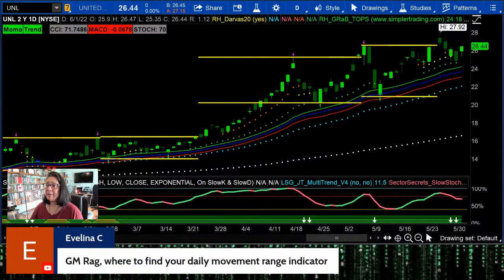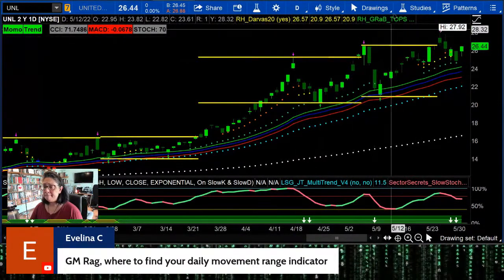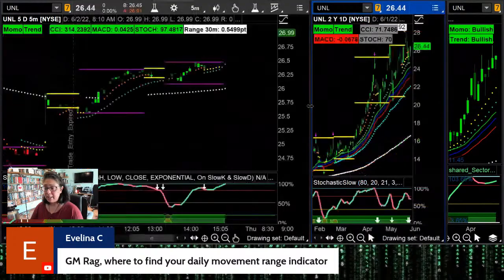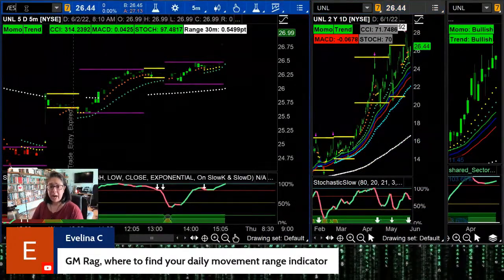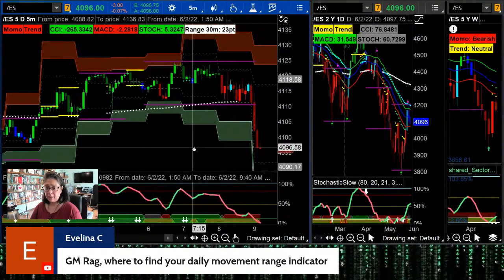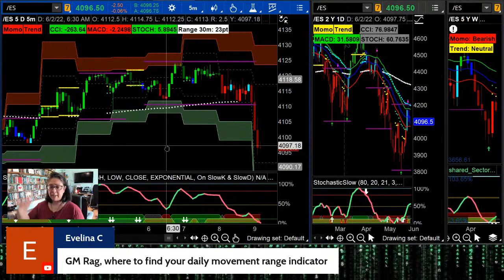All right. Next up, Evelina asks, where do I find a daily movement range indicator? So daily is just something that's calculated. I don't have an indicator for that. It's not something that comes into play very often. The one that I share with you all, or I share here visually, not share as in give you, although no, the futures room in the Sector Secrets Mastery get a version of this. I have an hourly price movement range indicator, right? And this is something we've been doing for years. This is just plotting the upper and lower range of time and volatility based on historical price movement range.